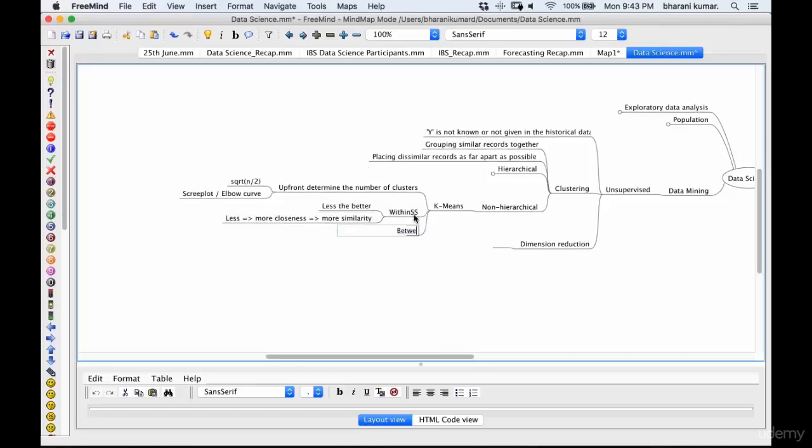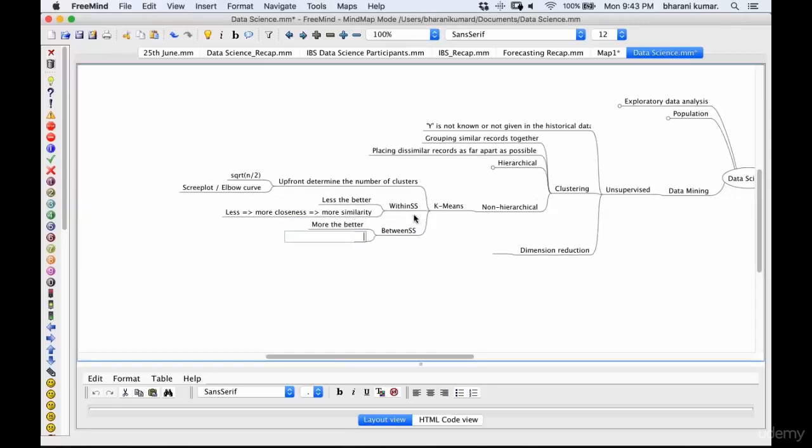Then what do we mean by between sum of square? Between different clusters, there has to be more distance. So more is better. What does more mean? More dissimilarity. Right?